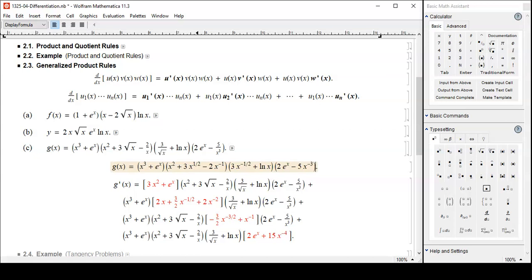Yeah, that would have been a bit easier. Taking the derivative, I'm going to get this red. Taking this derivative, I'm going to get this red. Taking this derivative, I'm going to get this red. And taking this derivative, I'm going to get this red.